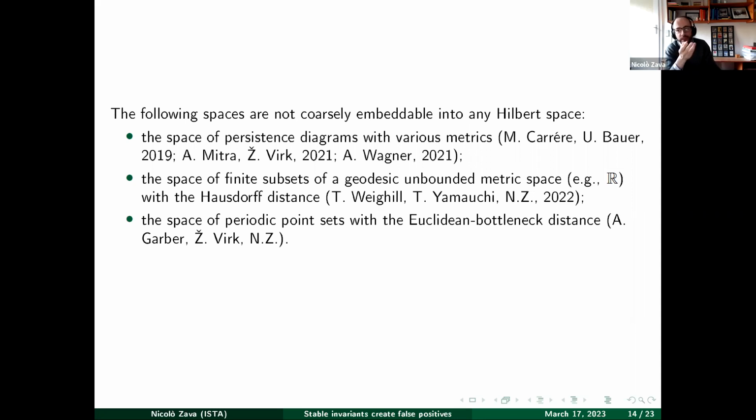It's quite restrictive, to be honest, to say that the target space is a Hilbert space.